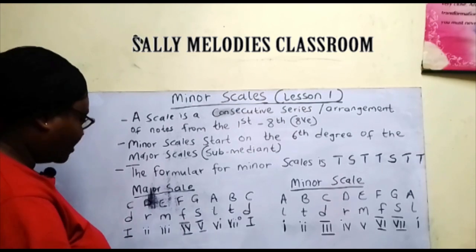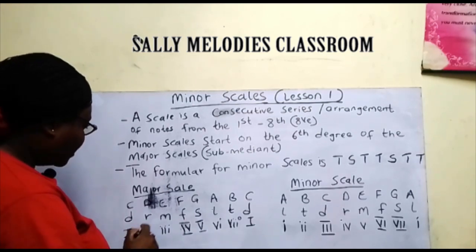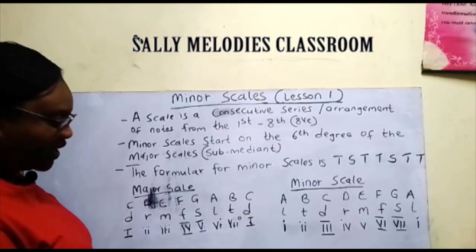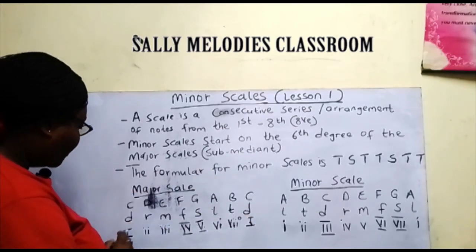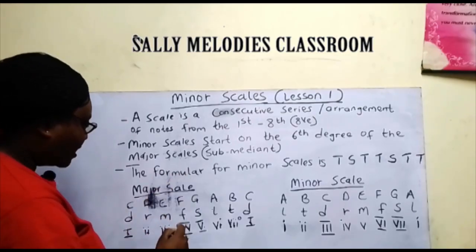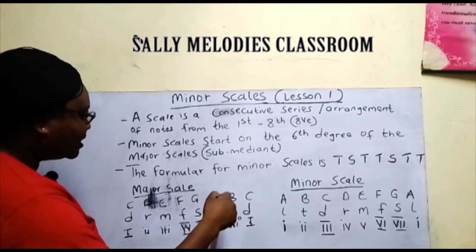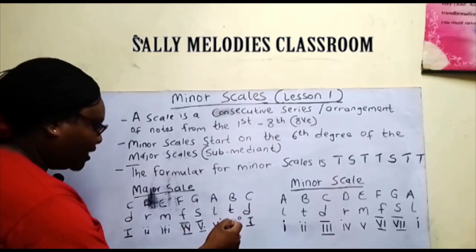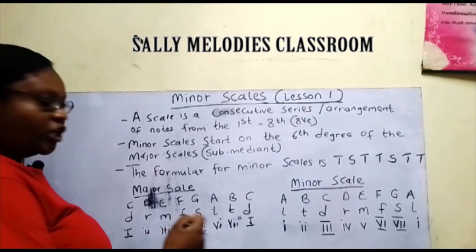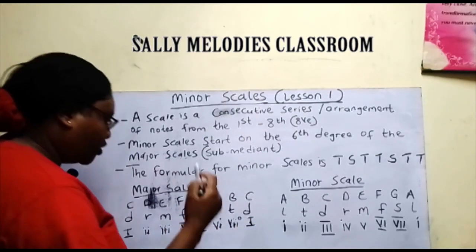And then we have the degrees: degree 1, degree 2, 3, 4, 5, 6, 7, 8. Or rather, you talk about the tonic, supertonic, mediant, subdominant, dominant, submediant, leading note, and then you go back to the tonic, but we call it upper tonic.